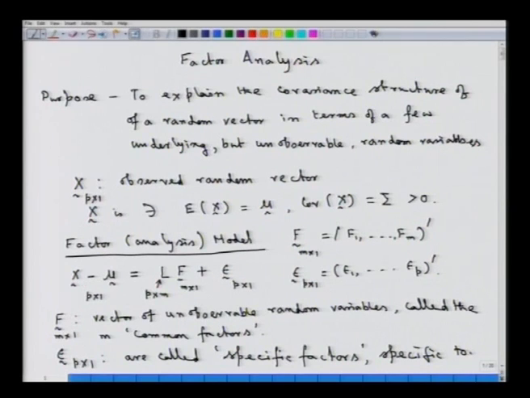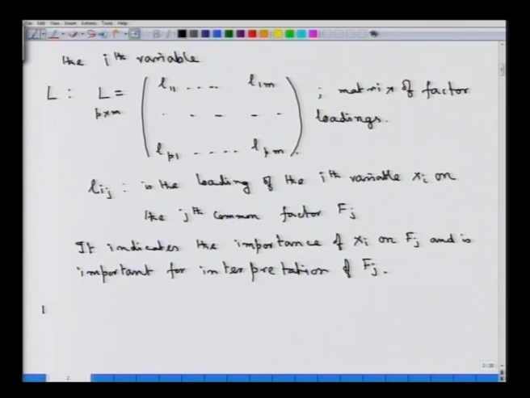Now if we look at this factor analysis model, it reminds us of a model in statistics which resembles this: the multiple linear regression model. A multiple linear regression model looks like the following: we write y equal to x beta plus epsilon.